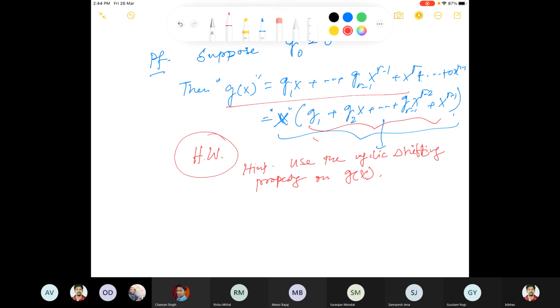Now, from these two results, what is the conclusion?